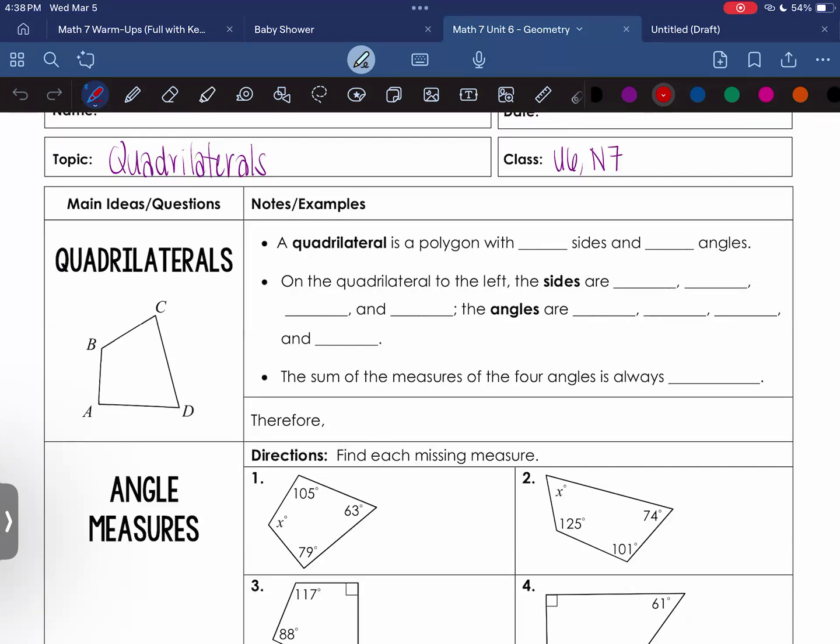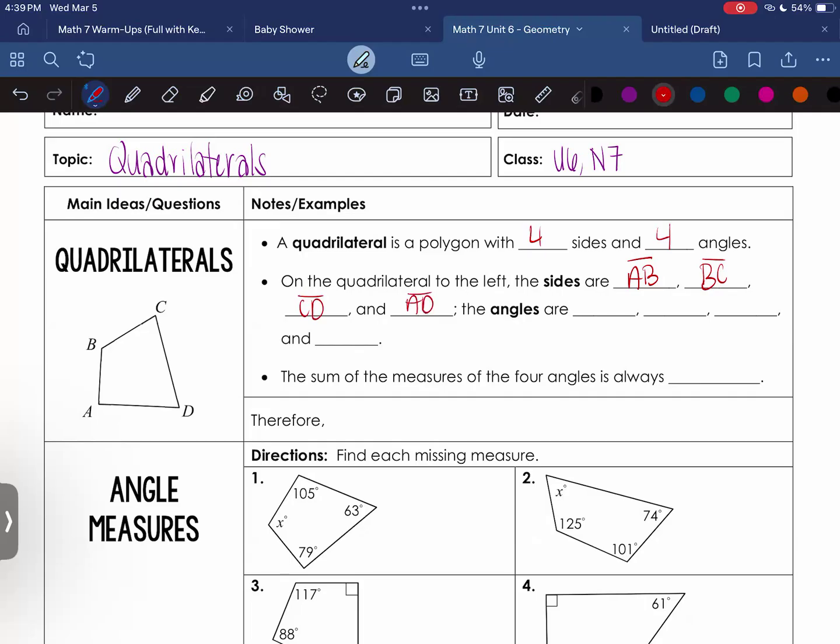A quadrilateral, which this should be review, but now we're going to dive into it deeper, is a polygon with four sides and four angles. So four sides, four angles. This example over here on the left would have four different sides, and we label those AB with the side symbol on top, BC, CD, and AD.